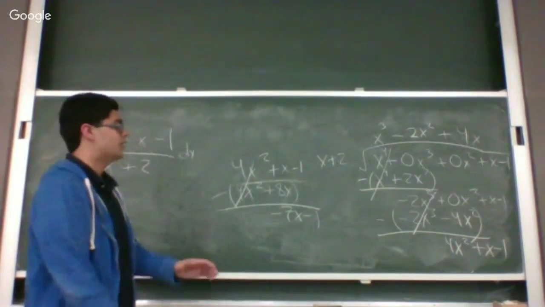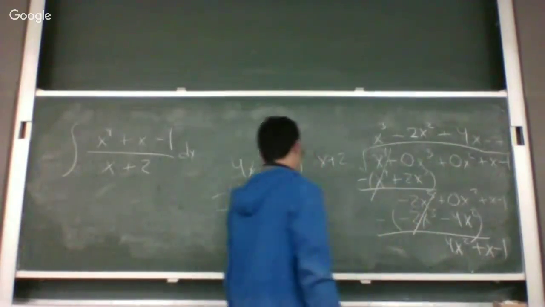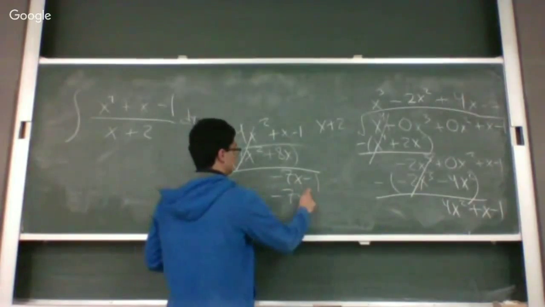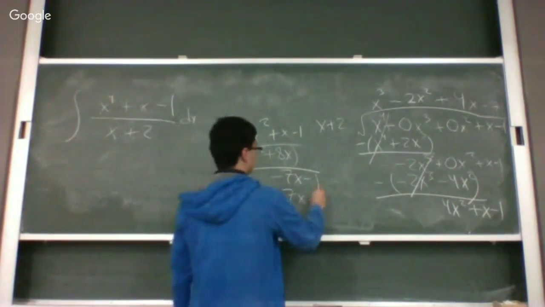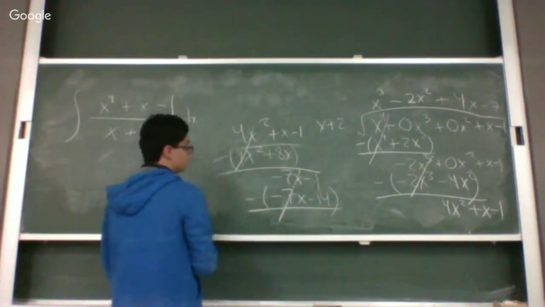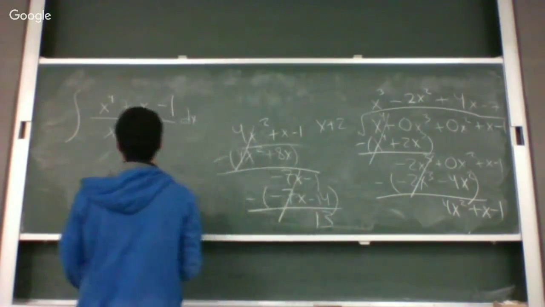What do I multiply by now? Negative 7. Minus 7x. Negative 7 times 2 is a minus 14. We subtract those quantities, we are left with a negative 1 plus 14, so it's a 13.